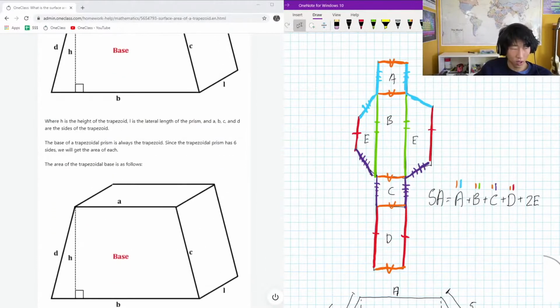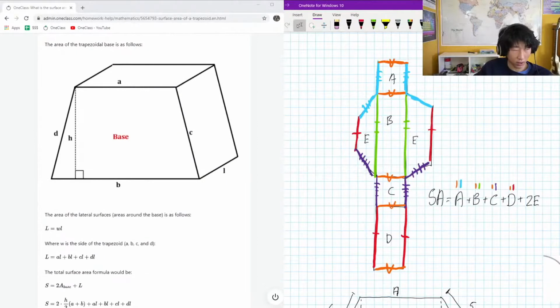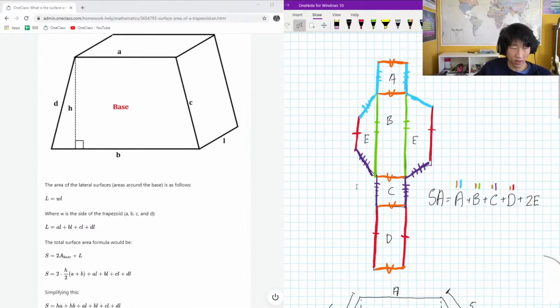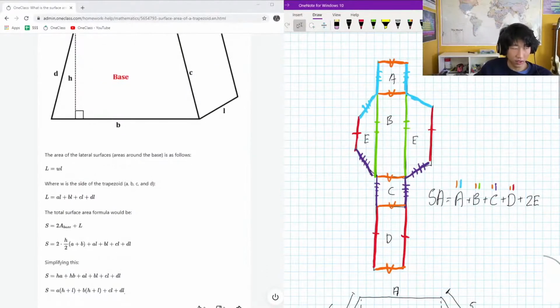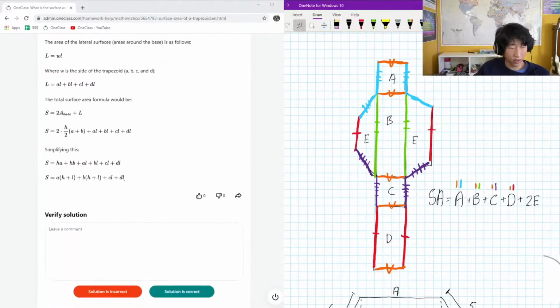Okay, so they have an equation here that is pretty much following the same procedure. You've got to find all the side lengths, all the sides individually, and then you need the area of the trapezoid itself. And once you have that, you've got the final surface area, and then you're all good. Awesome.